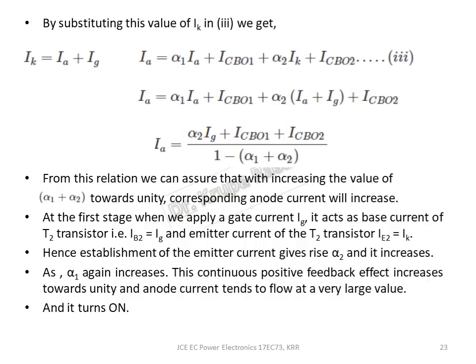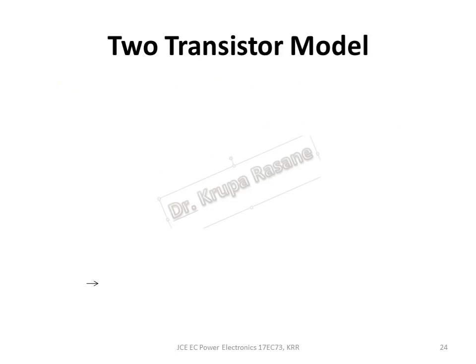So indirectly, one transistor turning on is helping the other transistor to turn on further, and it again turns on T1 more. This is so fast, it's called a regenerative positive feedback, and this will drastically increase the current to a very high value, and the transistor turns on.